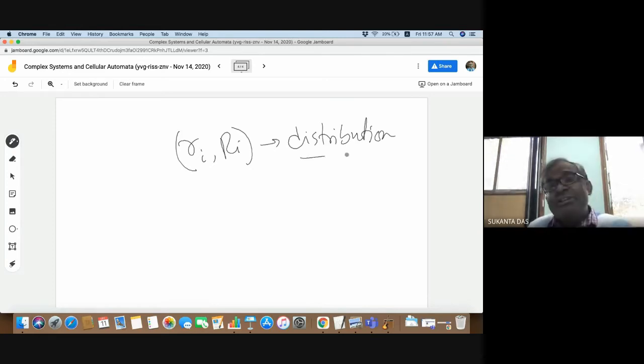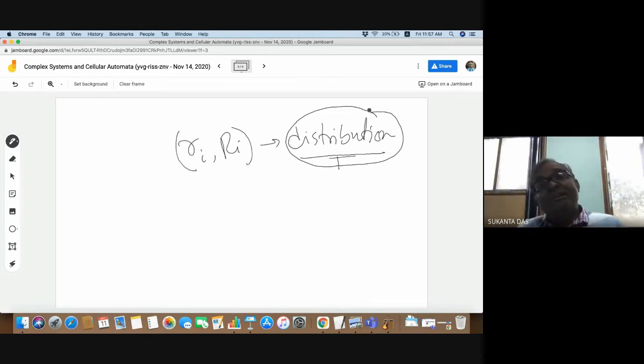If you somehow know the distribution, then for arbitrary I, you can get that Ri. So the point is, you should know the distribution. If there is any other way to know the distribution of rules over the lattice, then it's possible. If you don't know the distribution, it is not possible. So this is p-NUCA, d-NUCA, and r-NUCA.